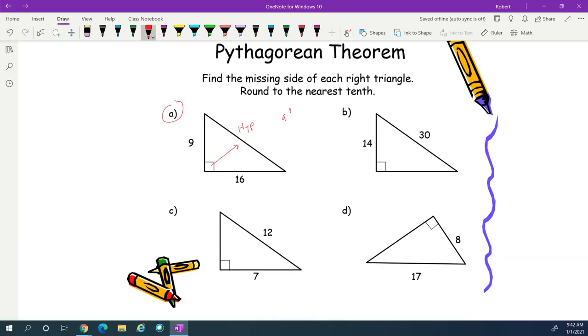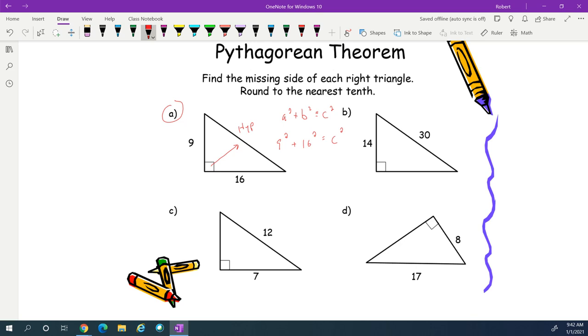At that point, a squared plus b squared equals c squared. A and b are the two legs. They are interchangeable for our purposes at the moment. And we're going to find c. Now we can call it c, x, or maybe they give us an expression, x plus 9, 3x, whatever it is, we plug it in and we work it out.